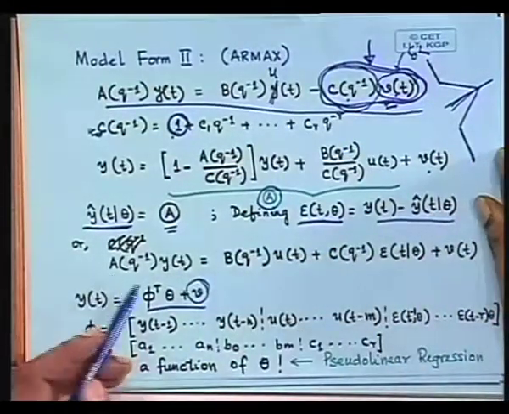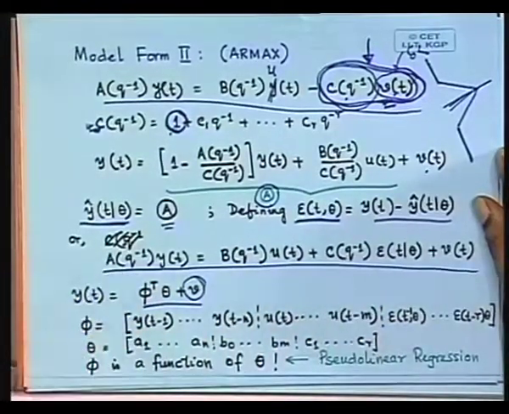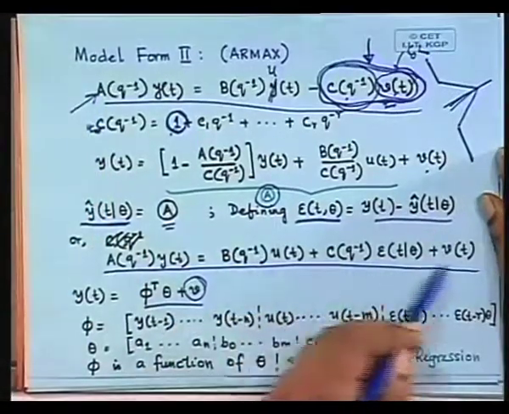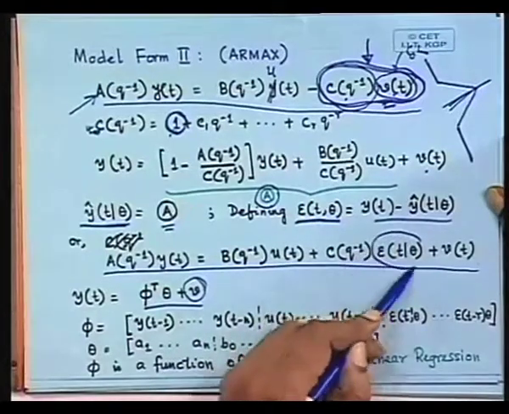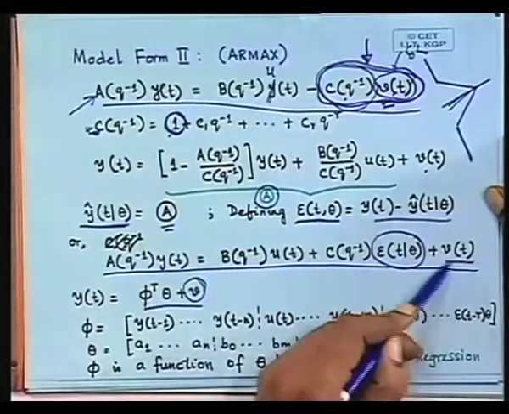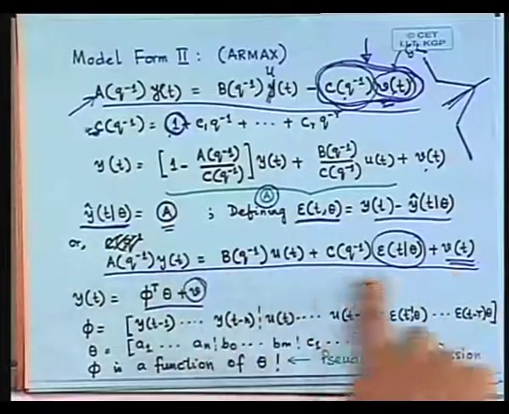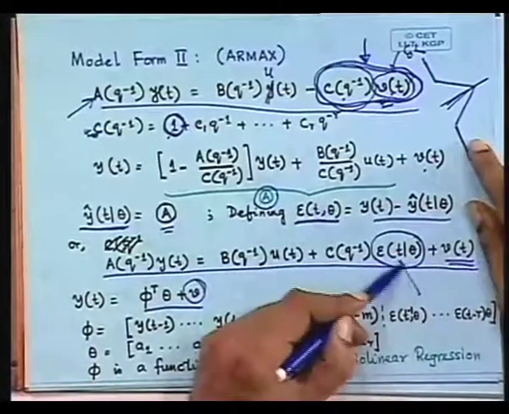So now you see that you can write the same equation in terms like this, where this is a prediction error and this is V. Once you can write it in this form, then you know that you can put it in phi transpose theta. What is the catch? The catch is, how do you know this?